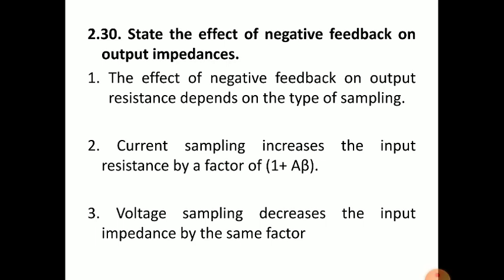Please correct here: for the output impedance, this is output resistance. The second point: current sampling increases the output resistance by a factor of 1 plus A beta, and voltage sampling decreases the output resistance or output impedance by the factor 1 plus A beta.